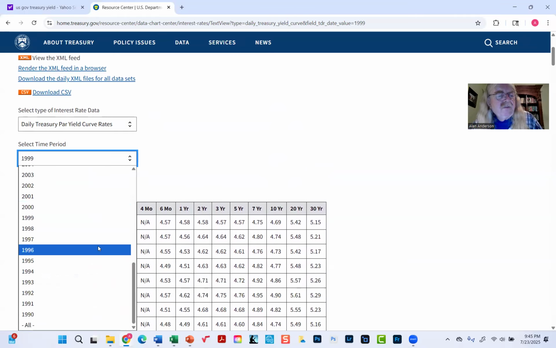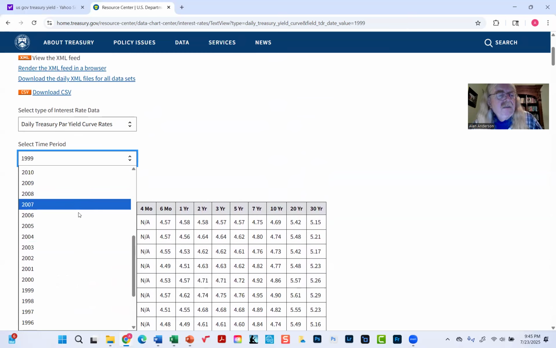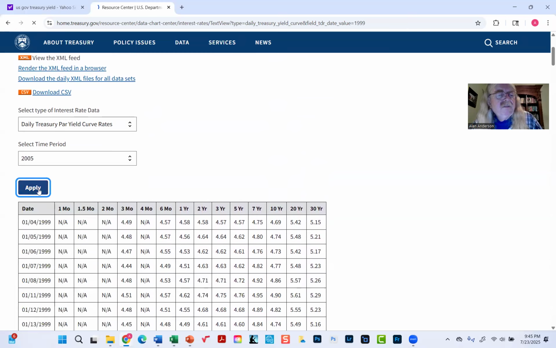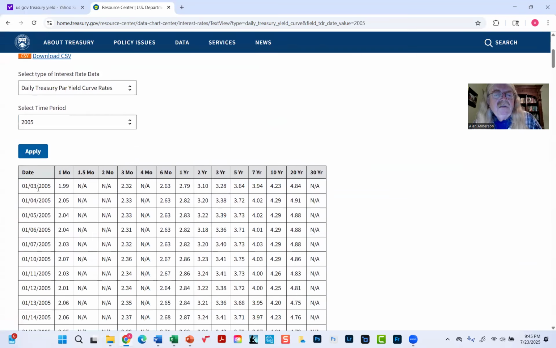Oh, this goes really far back. Let's try 2005. Yeah, here it's a little bit steeper. That's one thing I do notice here, that it goes from 1.99 all the way up to 4.84. So the curve can get steeper and flatter over time too.